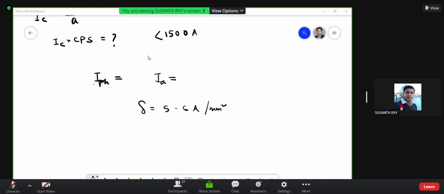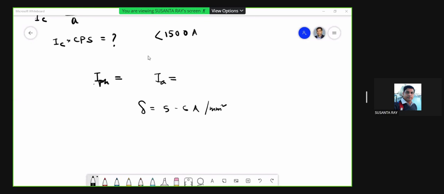Armature current is the current which is passing through the parallel path of the winding. You can calculate that first.